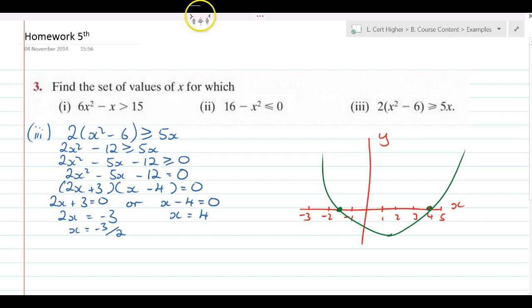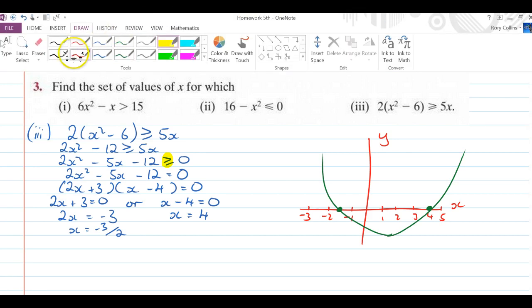Okay, and what we're looking for is where 2x squared minus 5x minus 12 is greater than or equal to 0. The values of x that will allow this to happen.